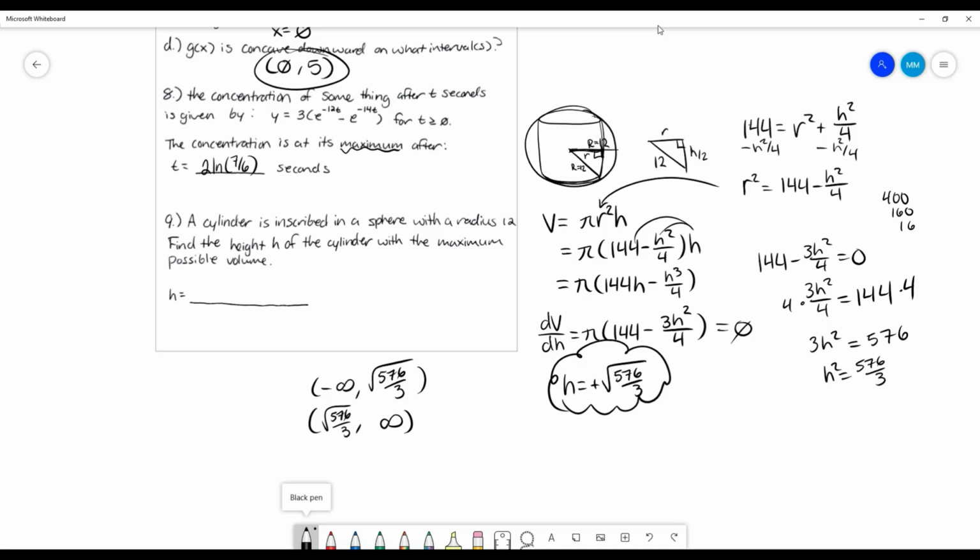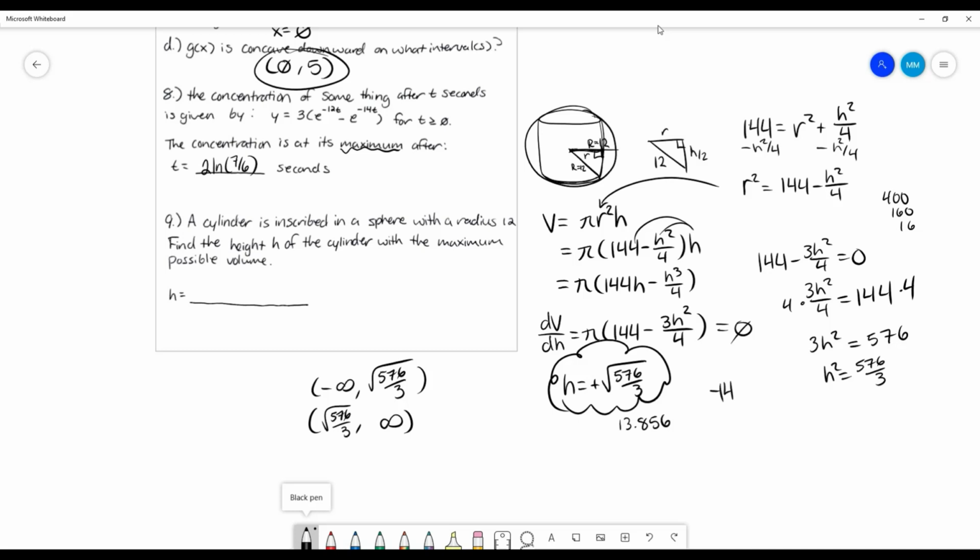Let's see, 576 divided by 3 is about 13.85-ish. So let's plug in a negative 14 maybe.